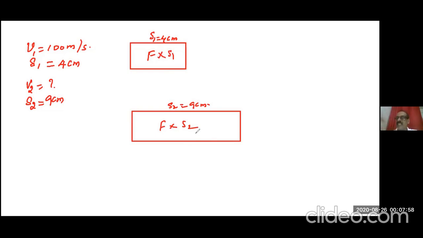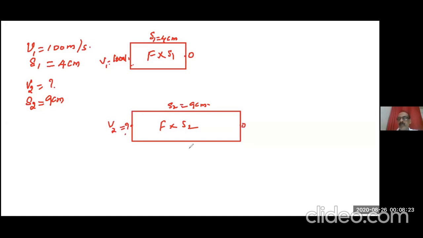Only distance covered will be different here. This is hitting with 100 meter per second here. Just to pierce, so here velocity becomes 0. Here with what velocity, that means here we can say V1, this is V2. With what velocity should it hit here, so that this can just penetrate through this?